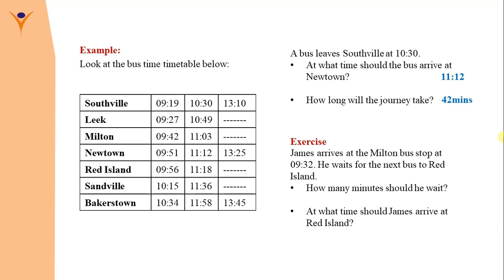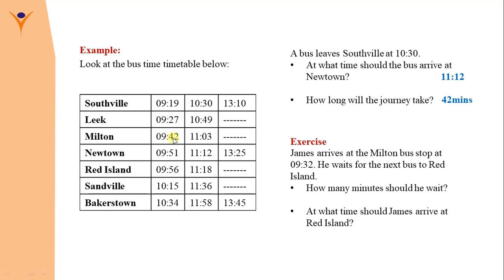All right, welcome back. And how well did you do? Let's look at it together. James arrives at the Milton bus stop at 9:32. So let's go and look at Milton. Here on the table, this is Milton, 9:32. The second column here shows 11:03 for Milton. That's when the bus is leaving. So if he was targeting 9:42, he definitely would have arrived a bit earlier than 9:42.